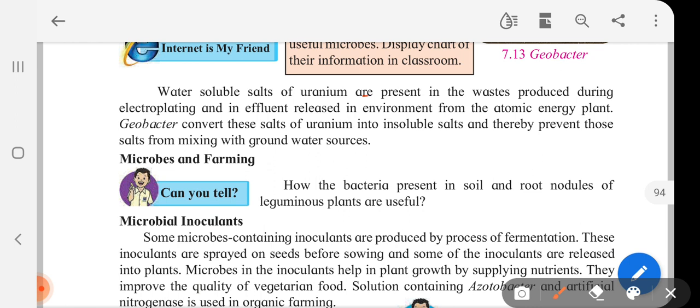Water-soluble salts of uranium are present in the waste produced during electroplating and in effluent released into the environment from atomic energy plants. So microbes like Geobacter convert these salts of uranium into insoluble salts and thereby prevent them from mixing with groundwater sources.